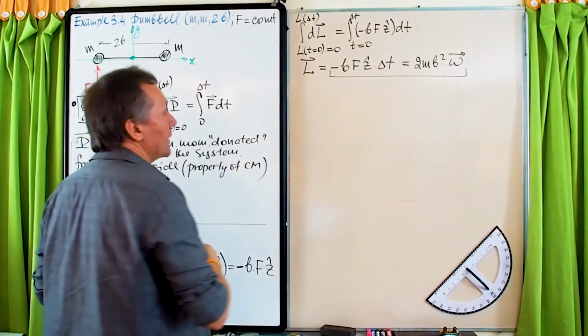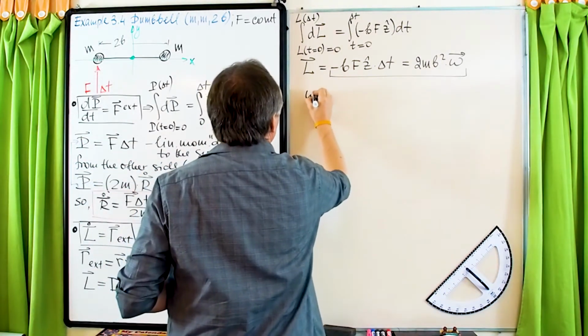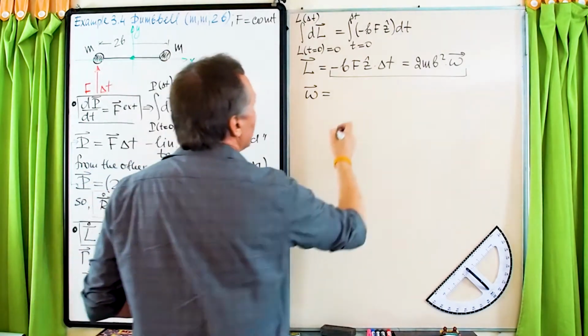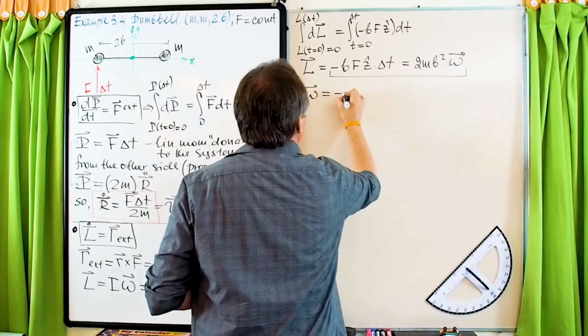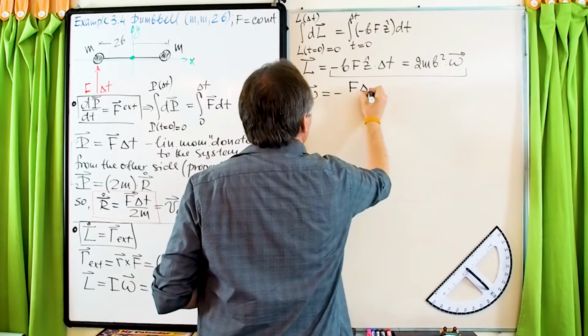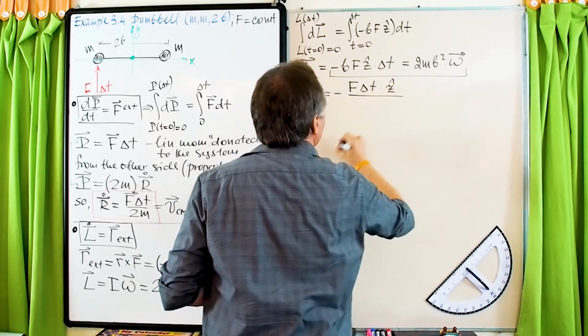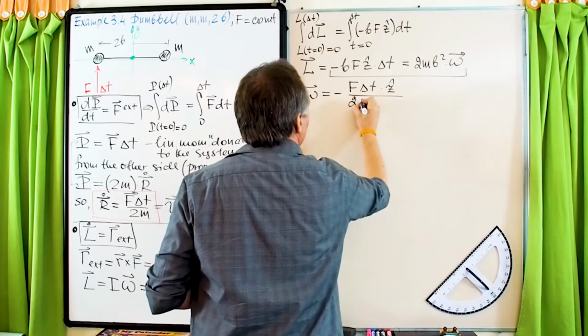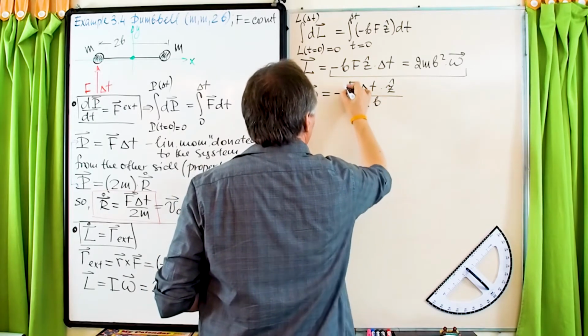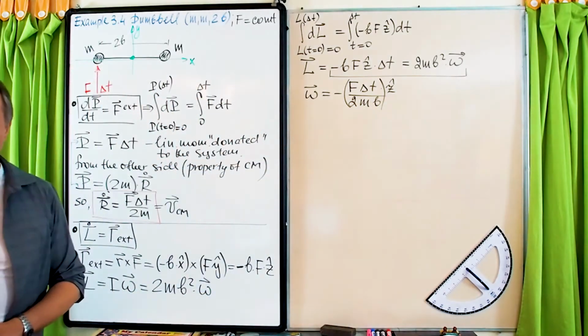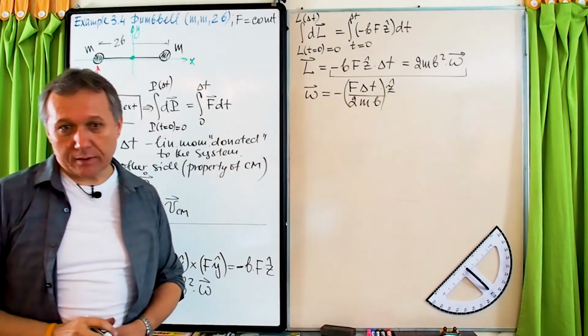So omega equals, b gets cancelled, minus F delta t in the z direction divided by 2 m b. So that's the absolute value of the angular velocity in the z direction.